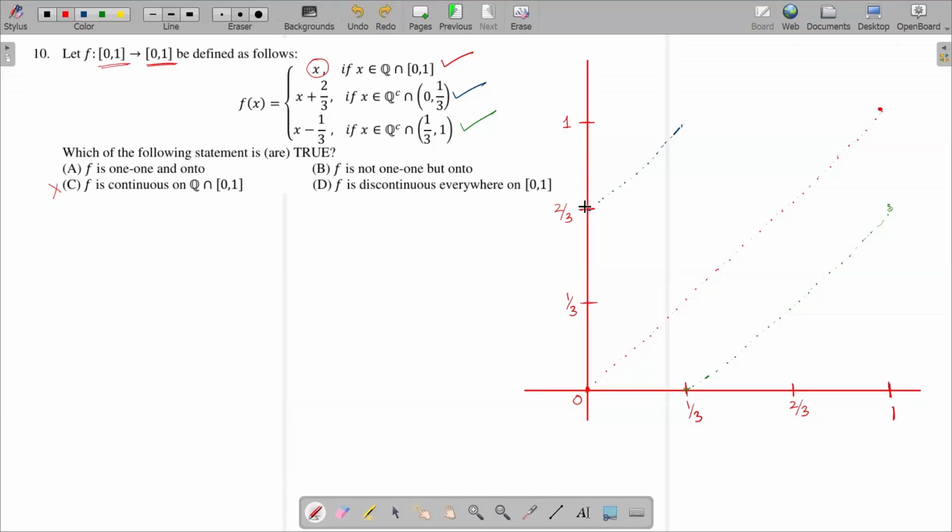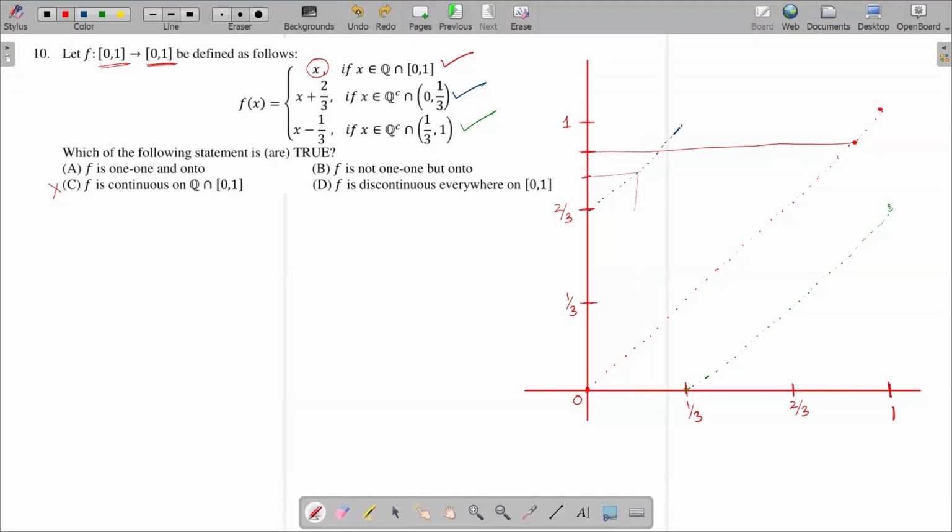If you take any rational between 2 by 3 and 1, then the pre-image is over here only. And if you take an irrational, then the pre-image will fall on this line. It won't go over here at all because these are all rational numbers. Understood? So that's the idea.